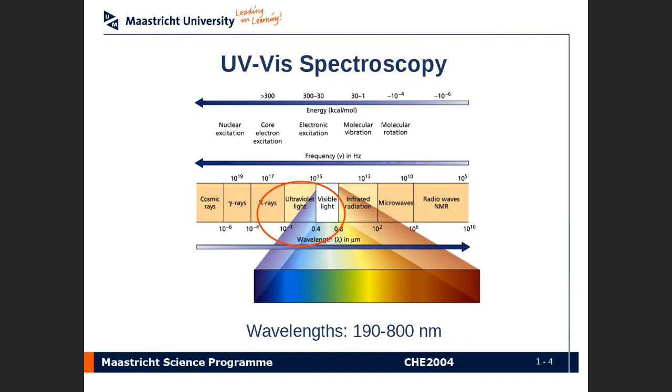And ultraviolet-visible radiation is at the cusp of visible and ultraviolet light, as you can see depicted here. And we're going to use this range of wavelengths to get electronic information of a specific molecule.